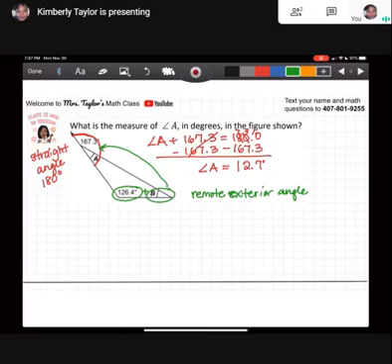So I can say 126.4 plus angle B is equal to 167.3. And I can subtract 126.4 from both sides.